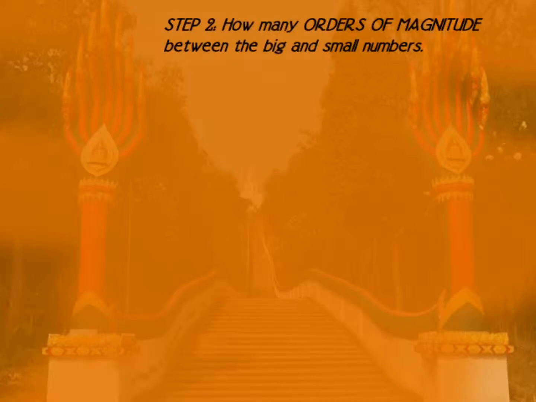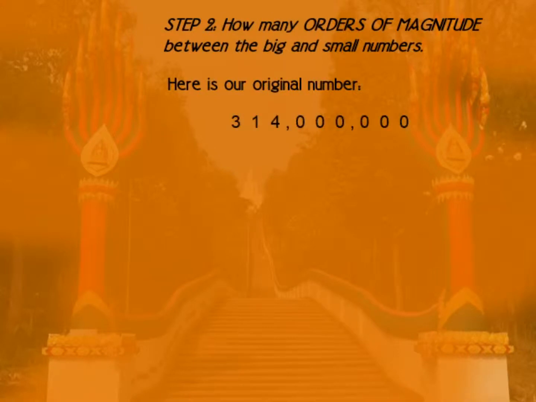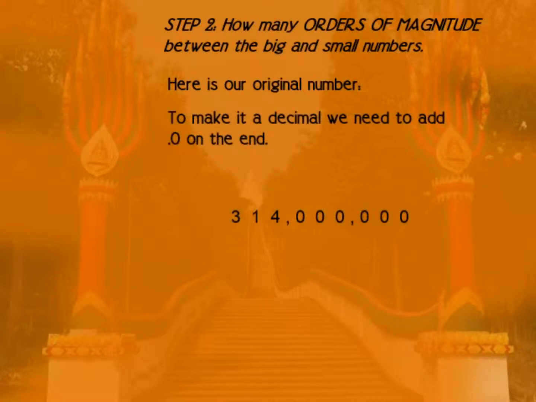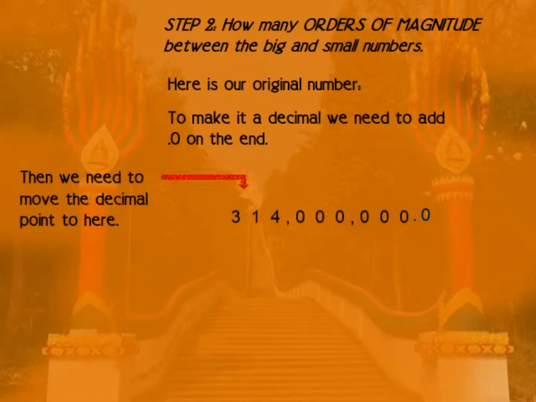And how did we do that? Step 2, how many orders of magnitude are there between the big and the small numbers? Well, if we start with our original number, 314 million, and we add a decimal point by putting 0.0 on the end. Now, to make our small number, we need to move the decimal point to here, between the 3 and the 1. So how many places do we need to move it?